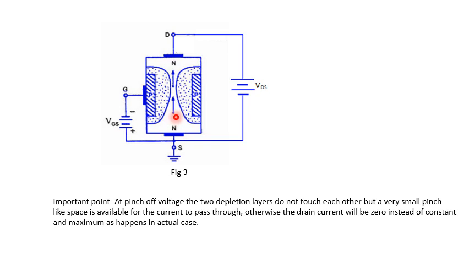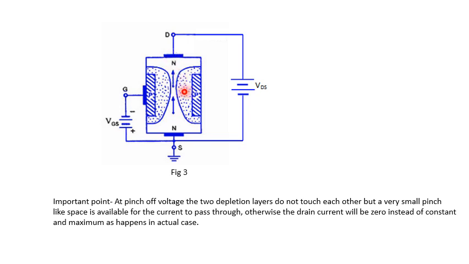So we can say that in the saturation region, the depletion layers are not touching each other, but some width of the channel is present through which the electrons are moving.